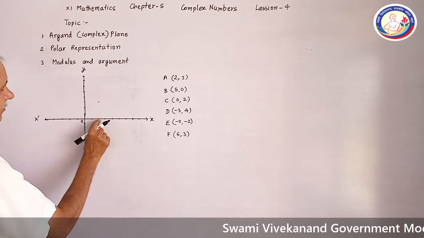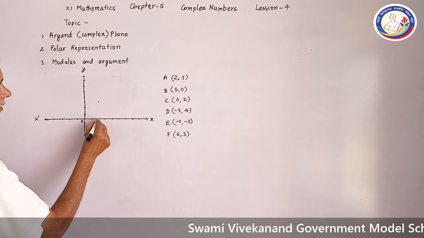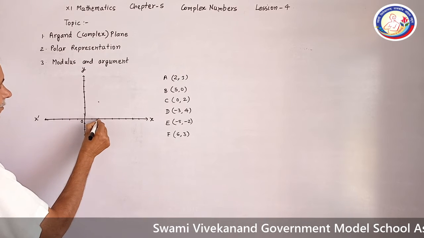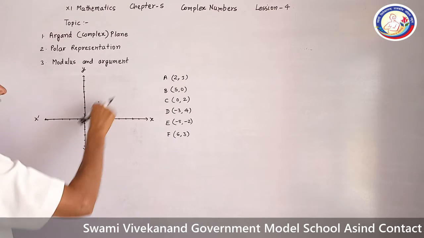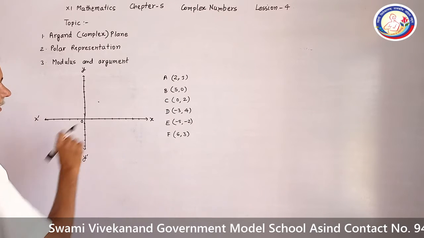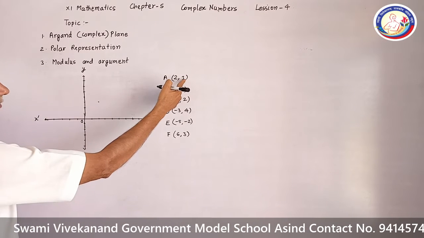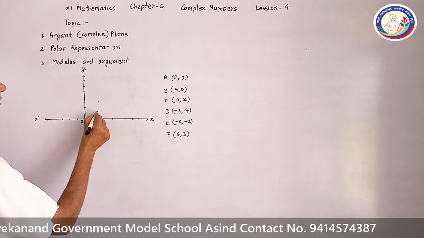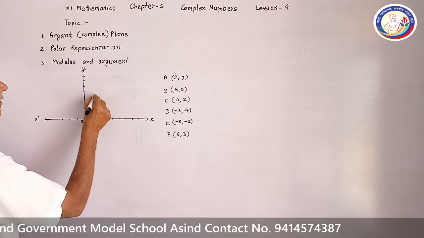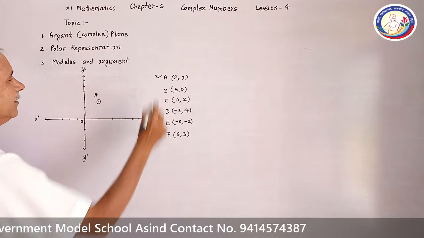This is positive, so this is here, plus 2. Now, if the value of y is positive, then move upward, and if it is negative, then it will be below the x-axis. So, it is 3 units. So, we will count here 1, 2 and 3. This is A, right?